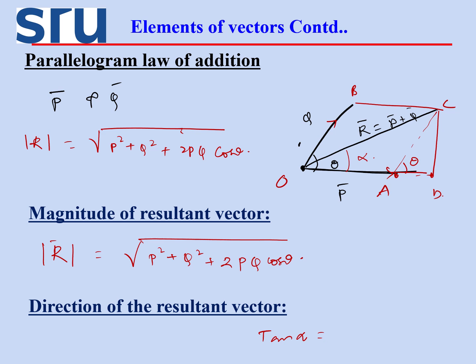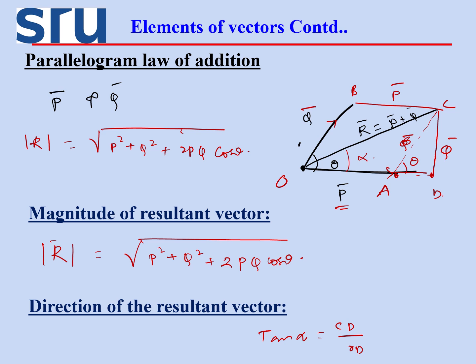From the figure, this is vector Q and this is also parallel to Q; this is vector P and this is also parallel to P. Now tan alpha equals CD by OD.